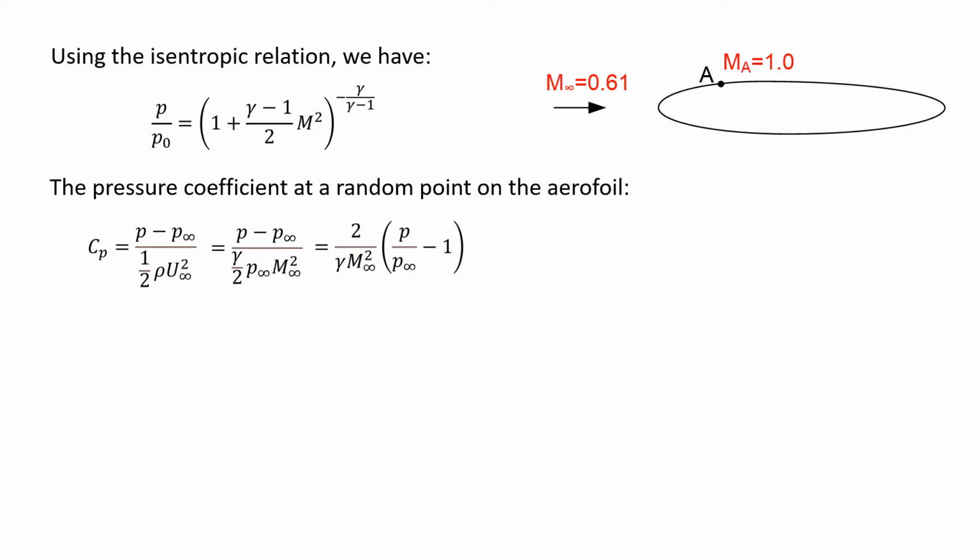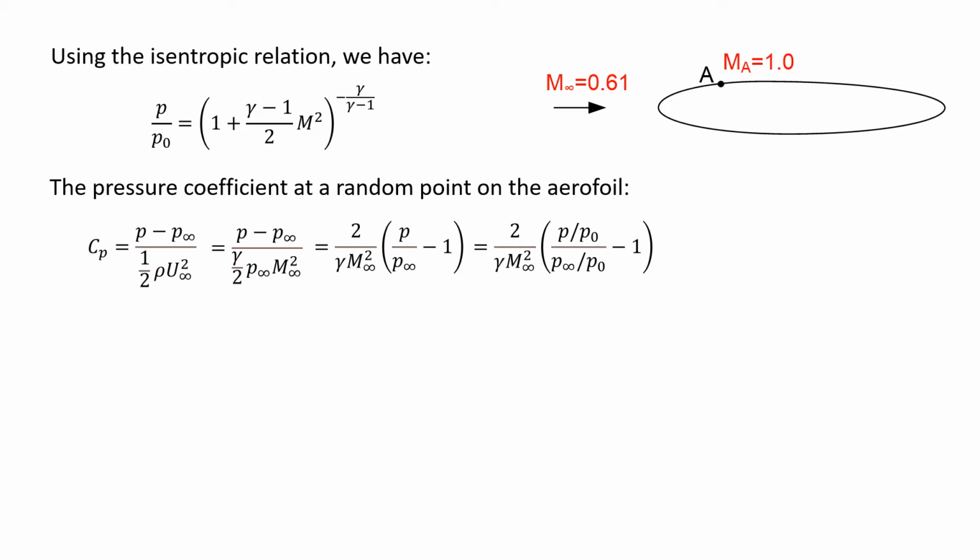Then we take the common terms out and reorganize it. Finally, in the bracket, it can be two ratios. On top is the local pressure divided by the total pressure, and the denominator is the free stream pressure divided by the total pressure.